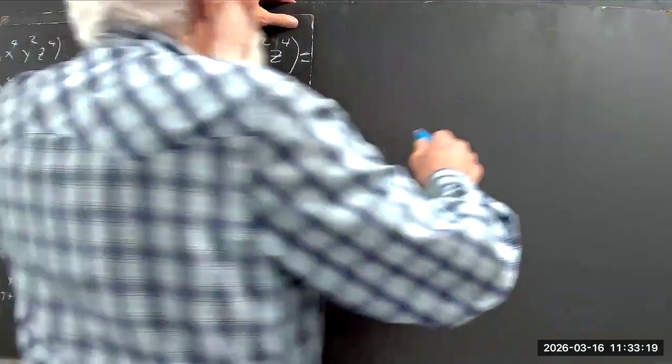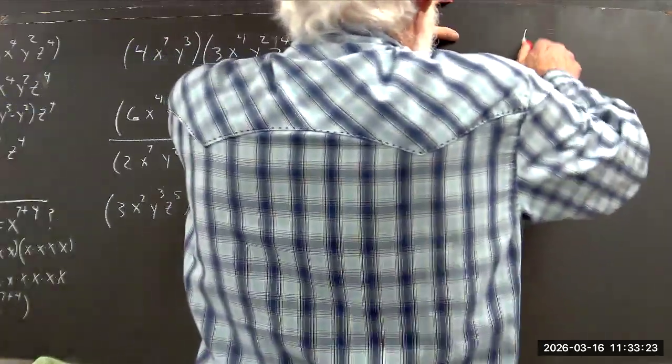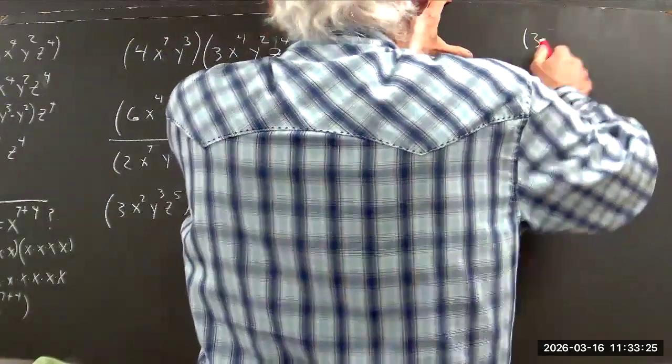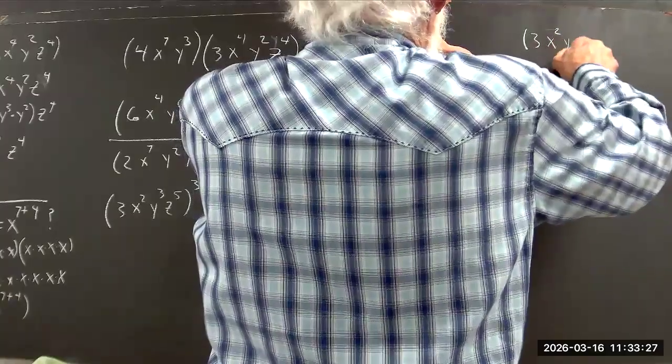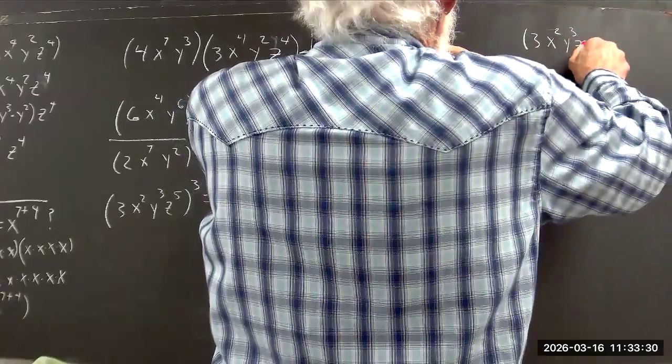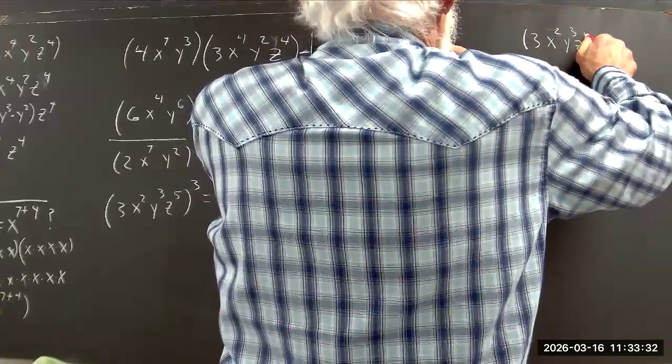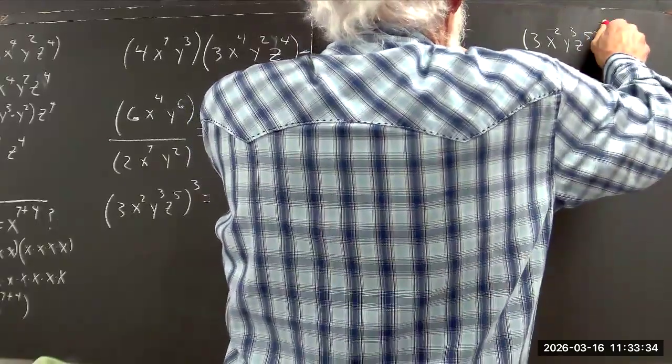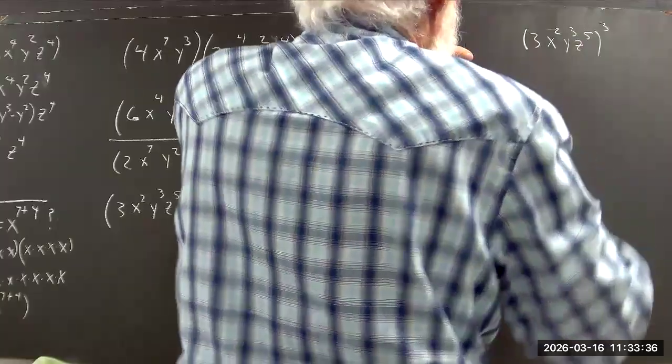So let's write it up: 3x squared y cubed z to the fifth, raised to the third power, equals what?